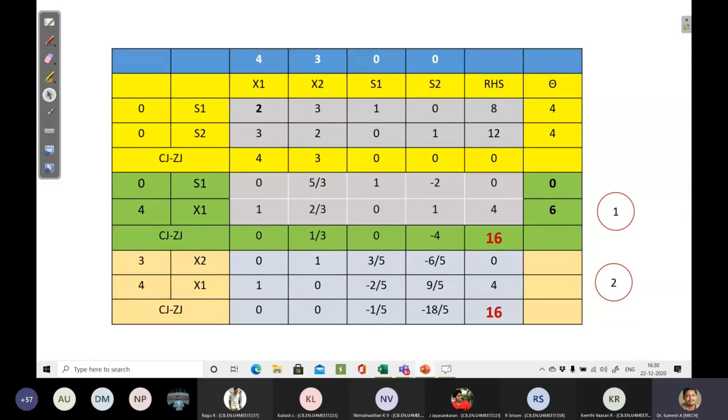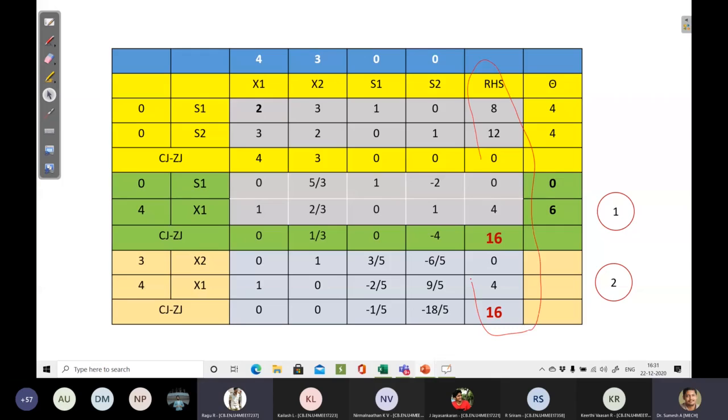What about the result? Sir, I think Zj is 16, sir. Okay. No, the last column is RHS, here. X1 is 4, sir, and X2 is 0, sir.